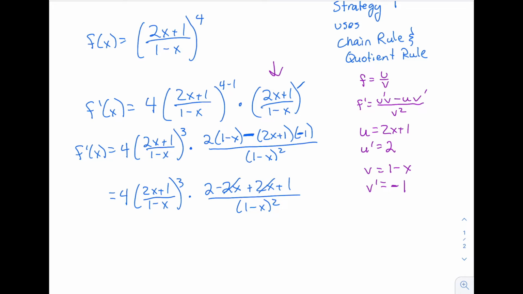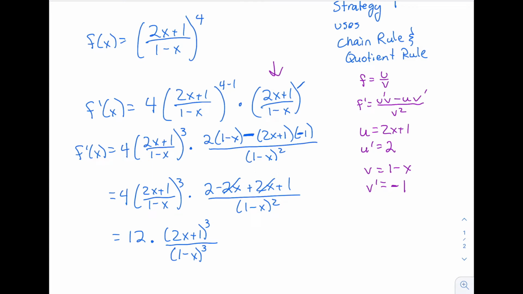The 2 plus 1 gives me 3. So I'm going to take that 3 and multiply it by the 4 right here. So I'll have 12. And then I notice that I have a 1 minus x to a power and 1 minus x squared here. So I'm going to rewrite this as 2x plus 1 quantity cubed over 1 minus x cubed. I can do that writing it separately like I did right there.